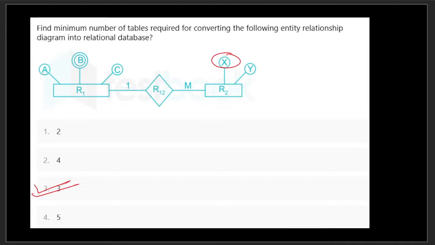Those who have understood this question can give the correct answer. This is the last question of the class. Please solve this correctly. Think about it. What can be the answer?